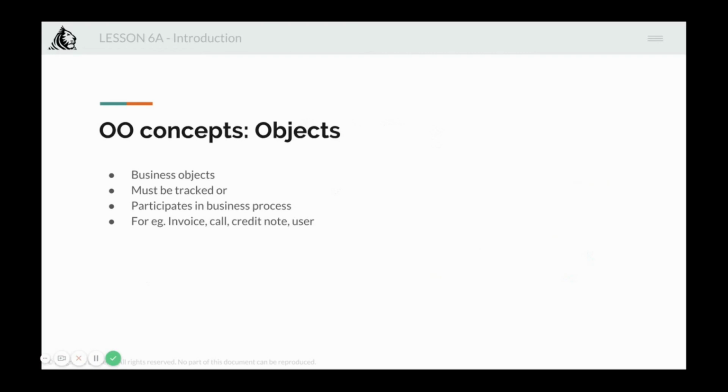So keep this in mind: when you're trying to model a system, look for the business objects which need to be modeled. Typically, these would be the ones which must be tracked or which participate in business processes. Examples: invoice, call, credit note, user. In Facebook's case, for example, a single post, that's an object.